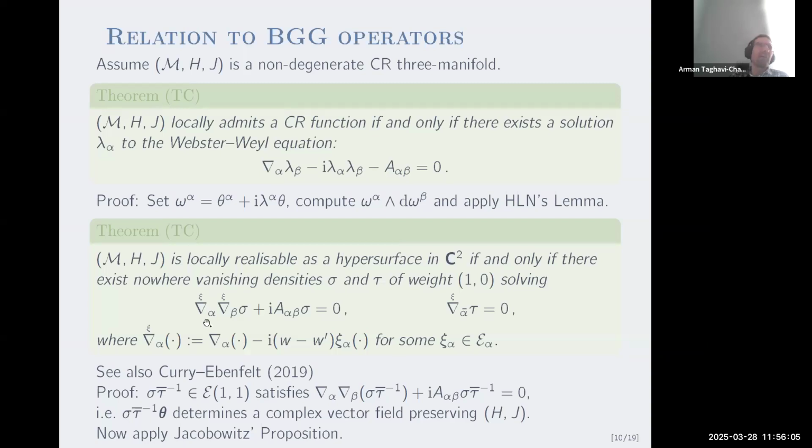Some people in CR analysis might feel that these results, or even the results by Jacobowitz, might not be so useful for embeddability, but they found some use in one form or another in recent work. These two results are new.